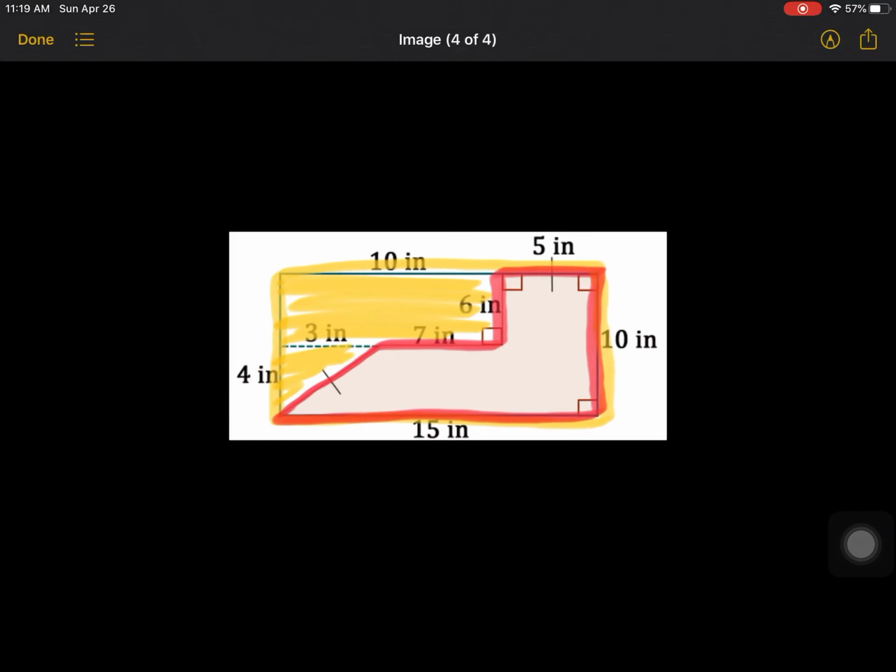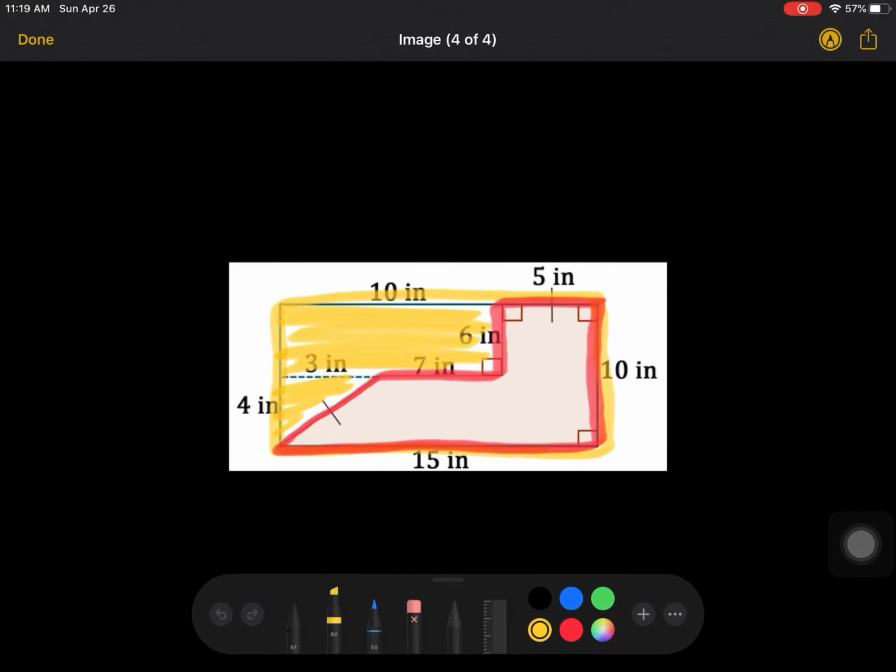So let's come back to our original picture and fill some things in. We were told when we did our math here and we figured out the area of the entire thing, that the area was 150 inches squared. Now we want to take away the area of these rectangle and triangle that we found. So we found that the area of this rectangle was 60 and the area of this triangle was 6.